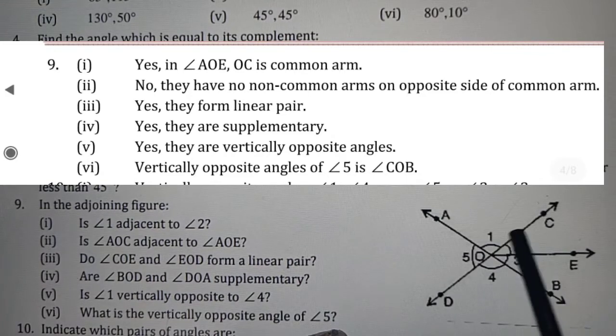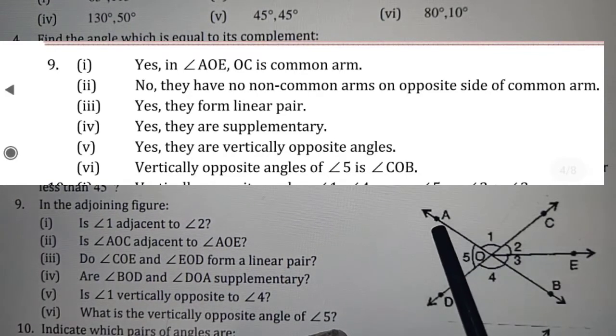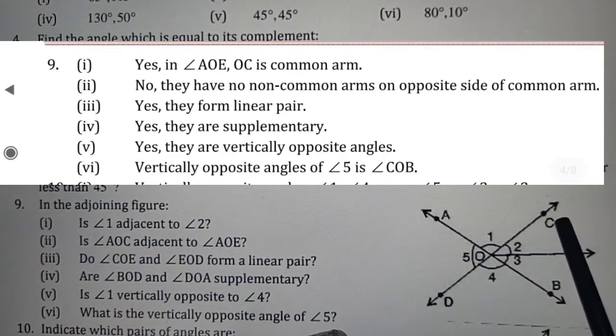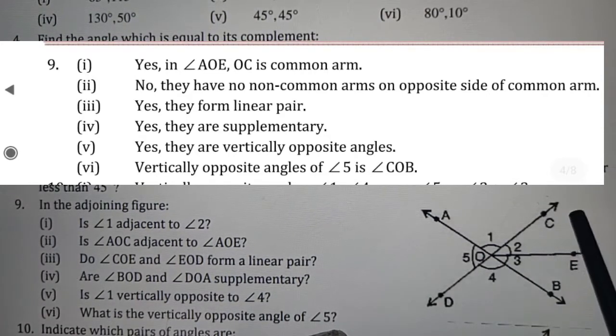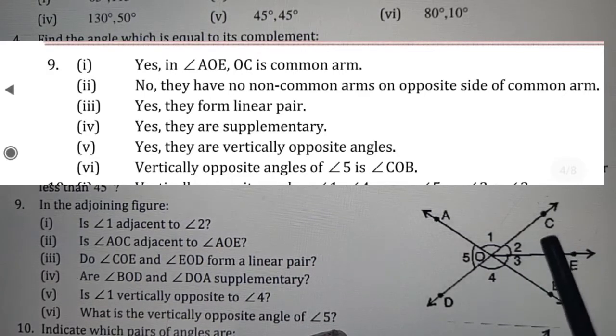If they are adjacent, there must be a common arm. Now see, angle AOC is angle 1, angle COE is angle 2. So OC is common between these two angles. That's why we can say that angle 1 is adjacent to angle 2.